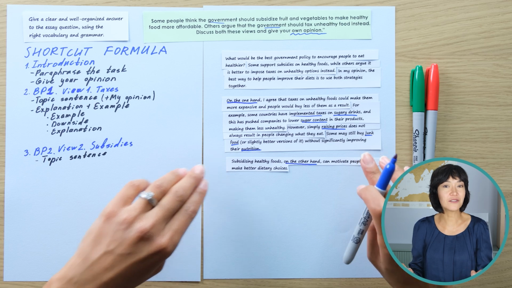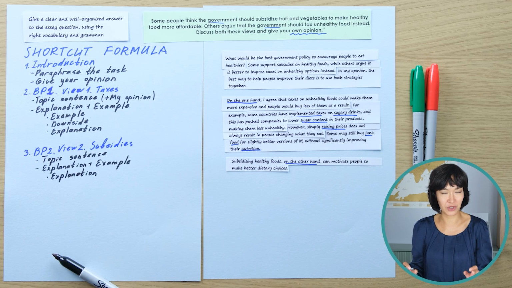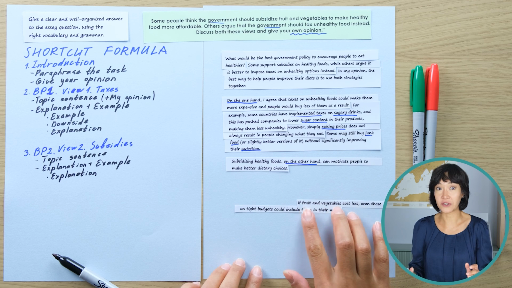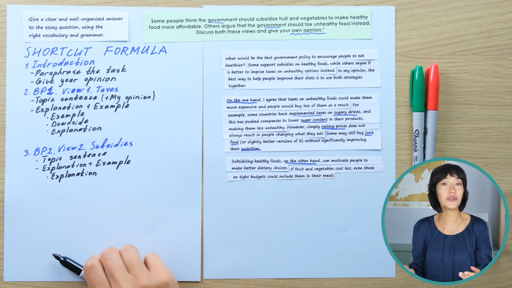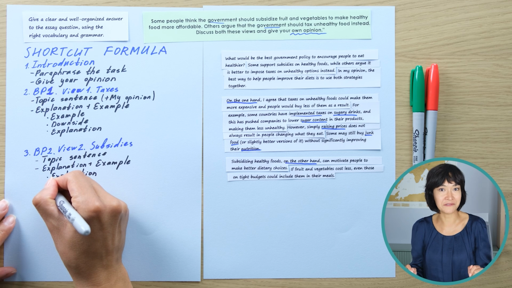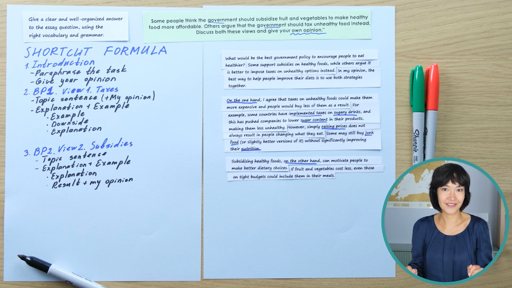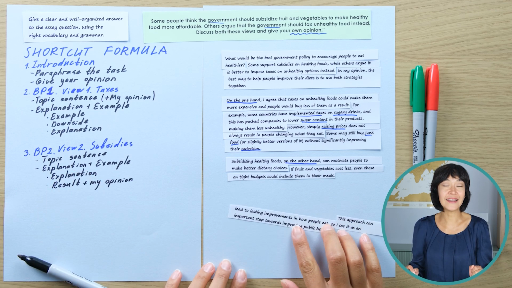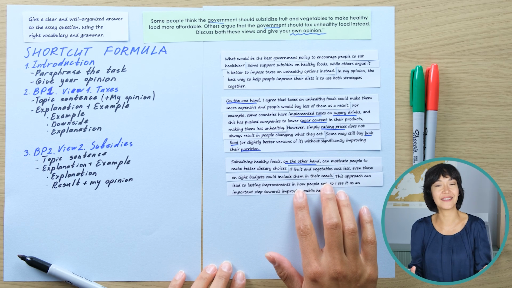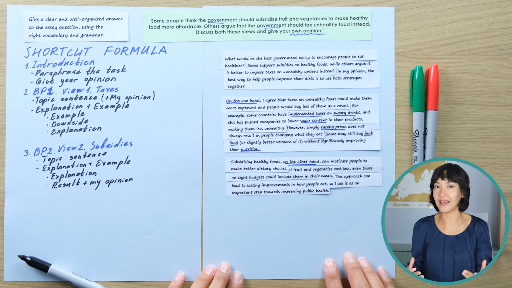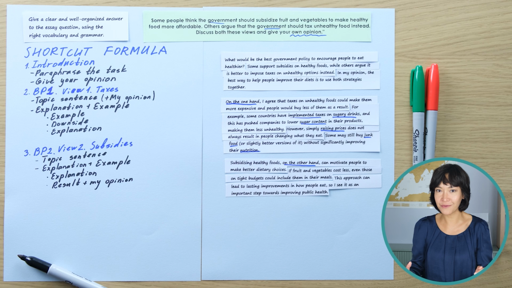Now, I want to explain the topic sentence a bit more. If fruit and vegetables cost less, even those on tight budgets could include them in their meals. And now the result. This approach can lead to lasting improvements in how people eat. And my opinion about this view?